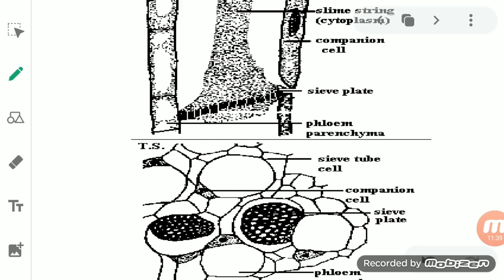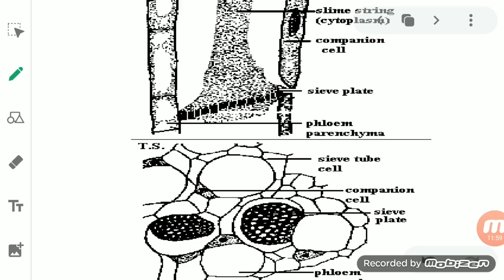Now, xylem and phloem may be formed separately, or they may be present together. It totally depends upon the location. Also, they can be found together in the form of a vascular bundle.